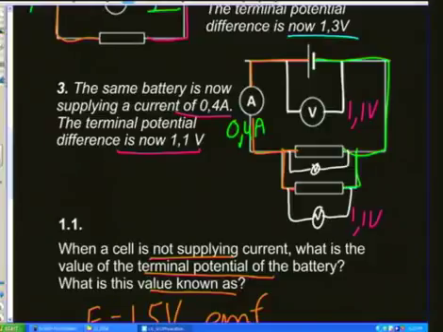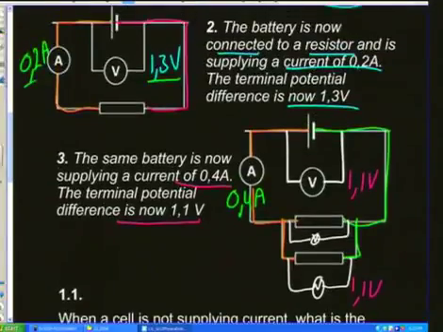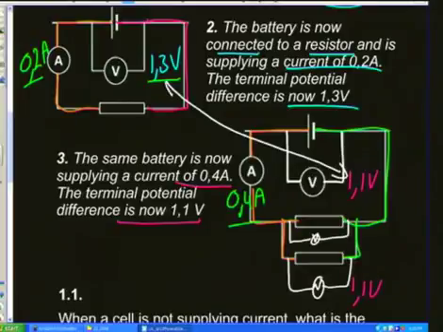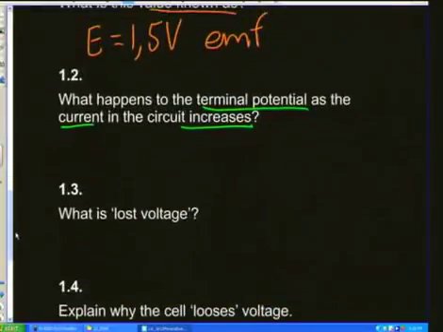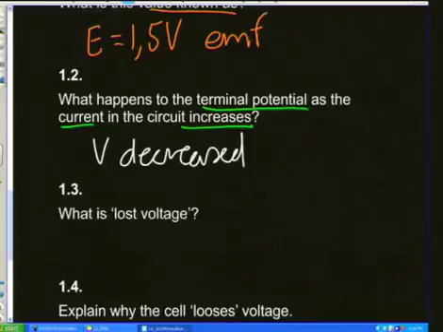So what's happened to the current? The current doubled, went from 0.2 to 0.4. And what's happened to the potential difference? Read it out of the diagram, if you can see, from 1.3 to 1.1. So what's happened? It's decreased. The terminal potential, V, decreased. I hope you've got that.